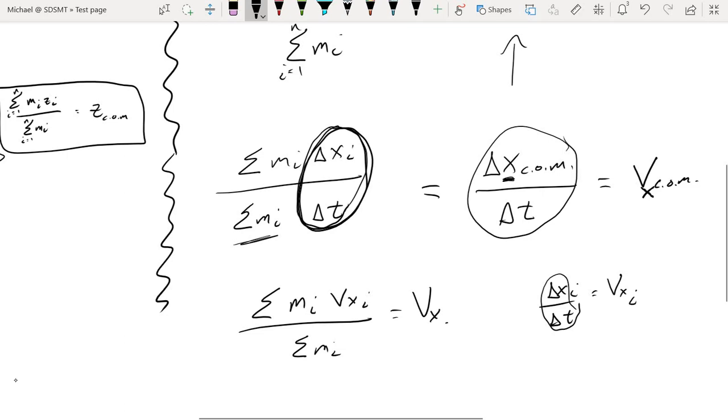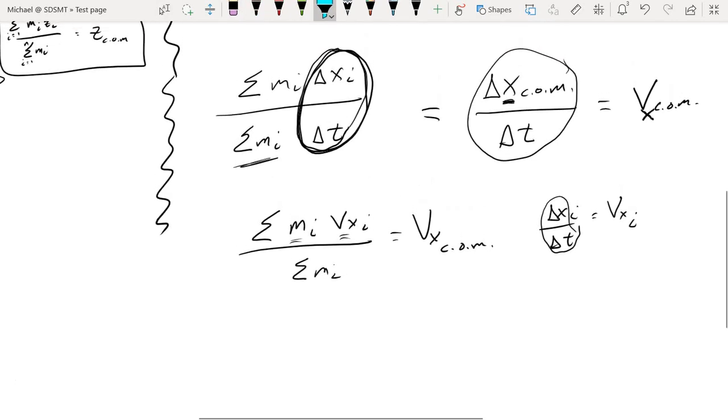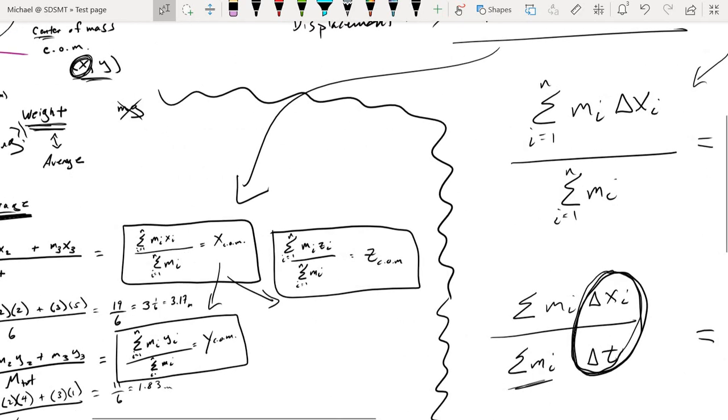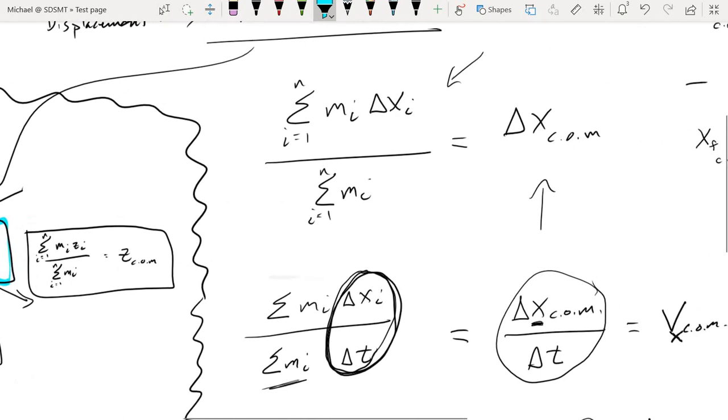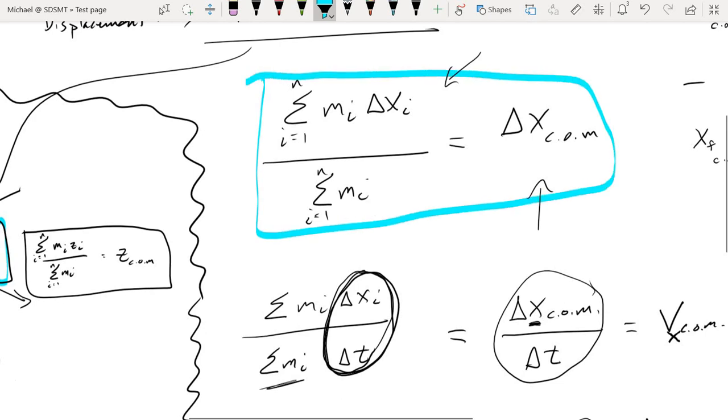And so there's the equation for how the center of mass is going to move along the x-axis. It depends on how fast each individual mass moves along the x-axis. All right, so I'm going to start circling some of these equations along the way. So this is our center of mass expression for the x-axis. This is our displacement for center of mass on the x-axis.